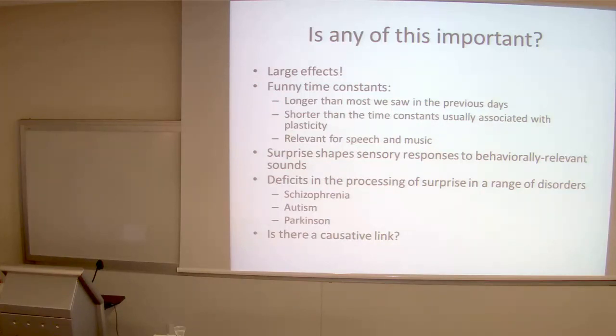Now, we know that the basic effect, the difference between standard and deviant, is present even if we play the sound 2 seconds apart. So in principle, we could do it. The problem is that these experiments start to take a huge amount of time. We have limited time that we can record from any location in the brain, so we cannot do all the possible manipulations at each place.